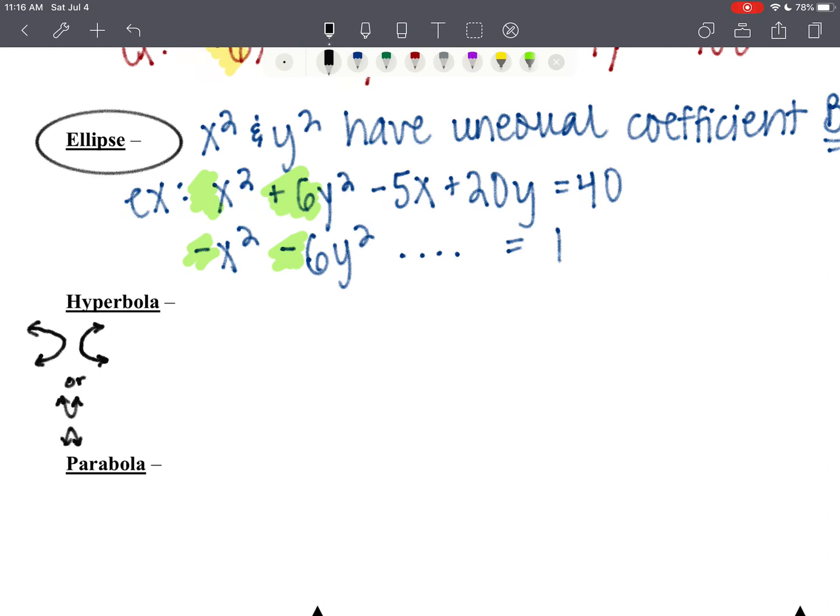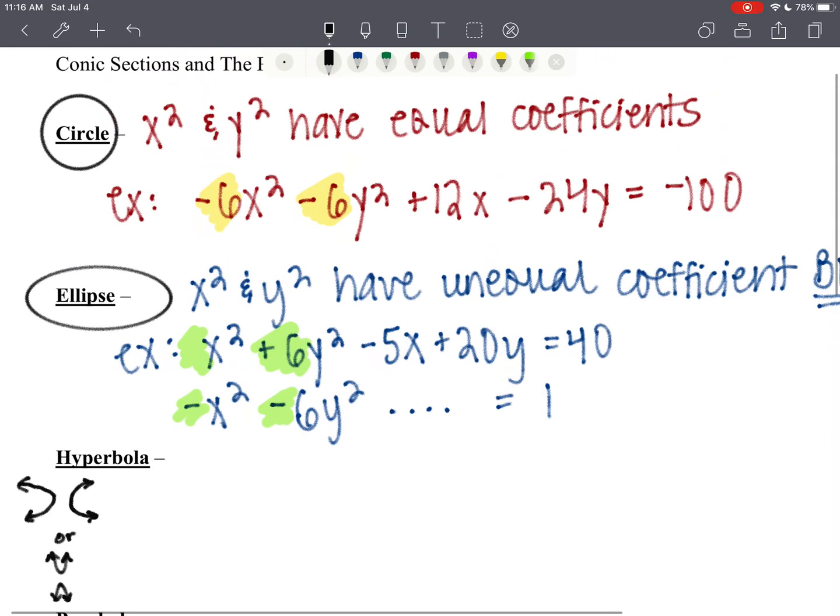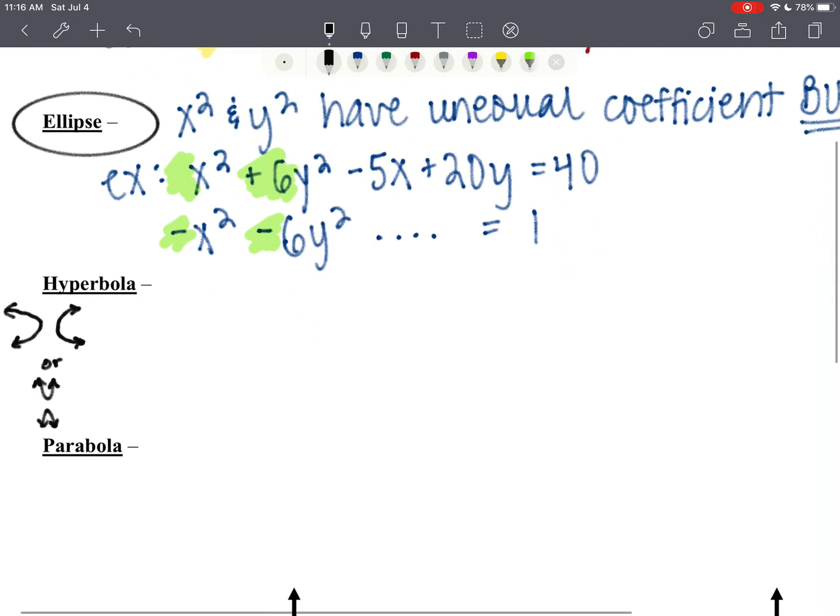So you can see all three of these, the circle, the ellipse, the hyperbola, are examples of relations that are not functions because they do not pass the vertical line test. So your hyperbola is two parabolas that are opening left, right, or up, down.